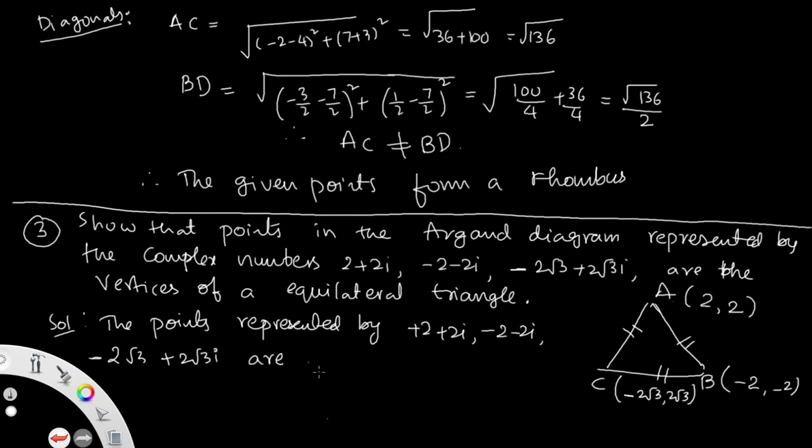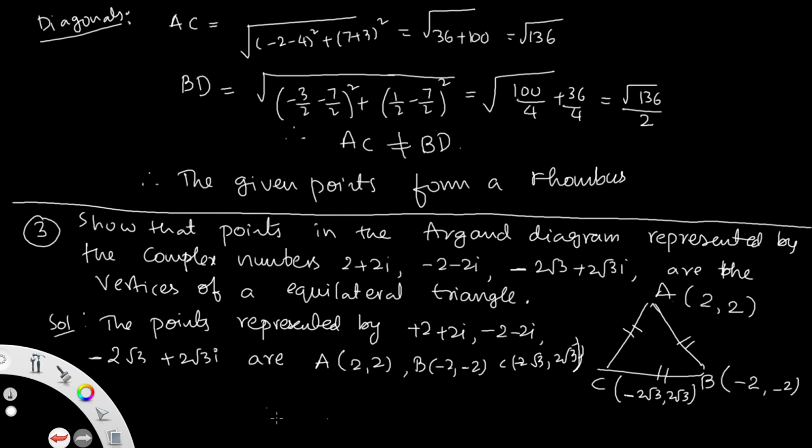So let the points be A of 2 comma 2, B of minus 2 comma minus 2 and C of minus 2 root 3 comma 2 root 3. These are the values of the complex numbers in point form.